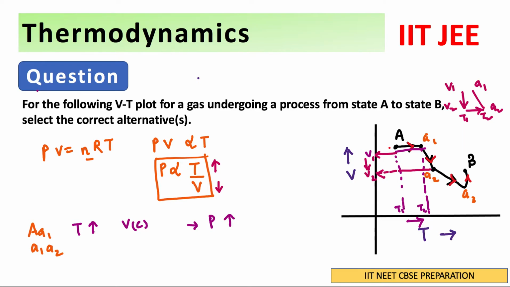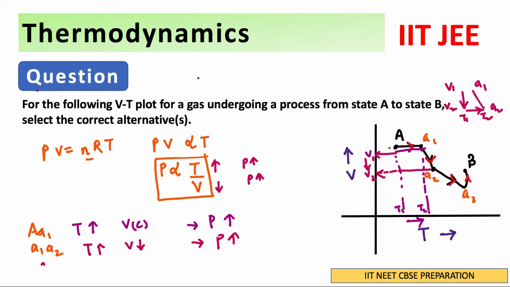Temperature has increased, volume has decreased. So pressure is going to increase, because pressure is directly proportional to temperature, and volume is also decreasing, and volume is inversely proportional. So in this part also, pressure is going to increase, because temperature was increasing but volume was decreasing.